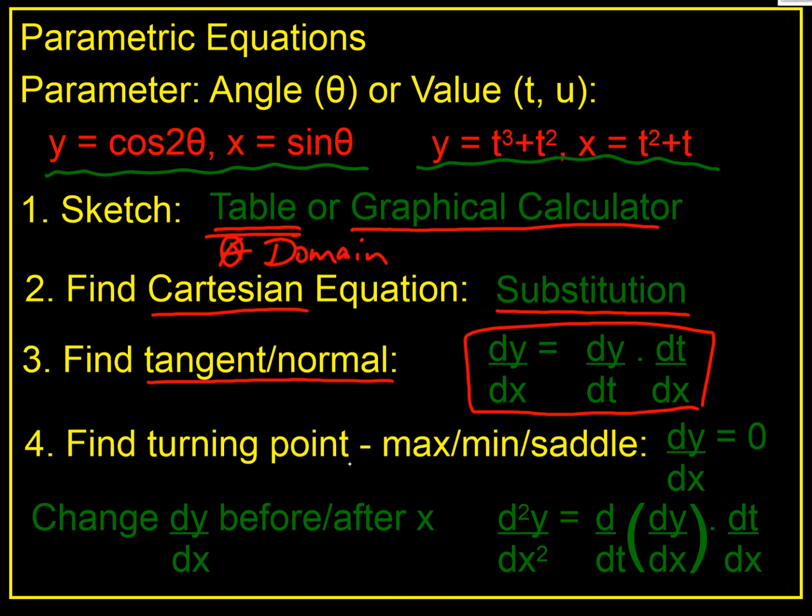And the final thing they might ask you in section B is to find a turning point or a stationary point and work out whether it's a max, min, or a saddle point. And in that case, of course, dy by dx equals 0. And you've got two methods of dealing with it from then on. You can either look at what's happening to your dy by dx, what the change is, if we go slightly above or below the x value that we've identified as our turning point.